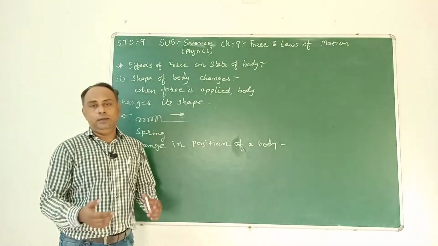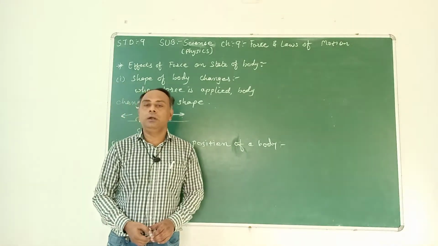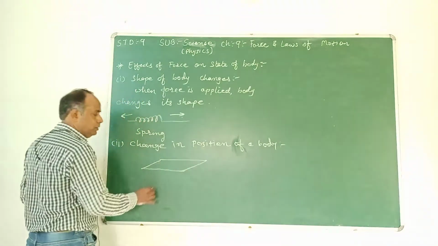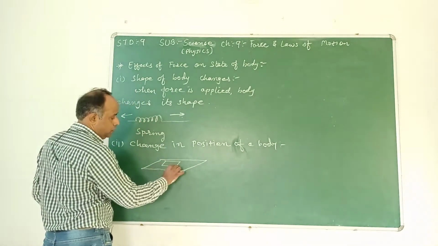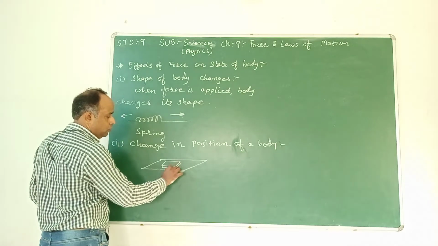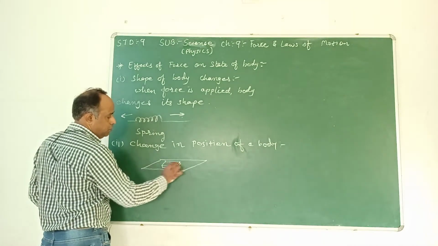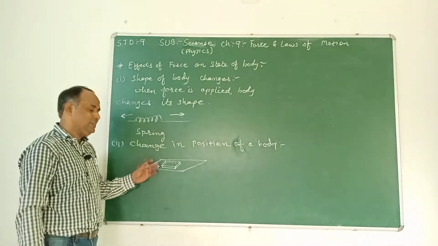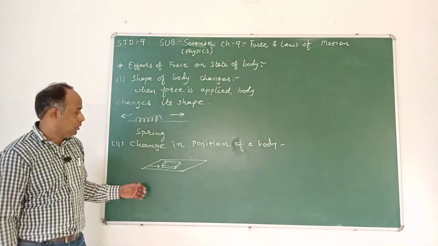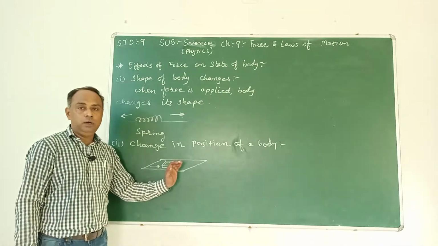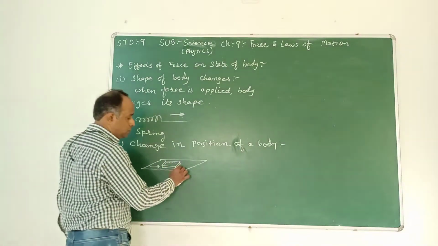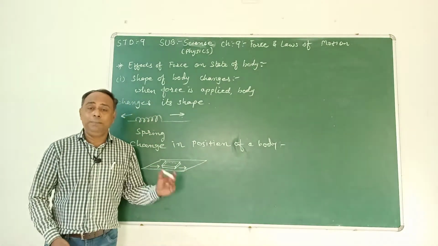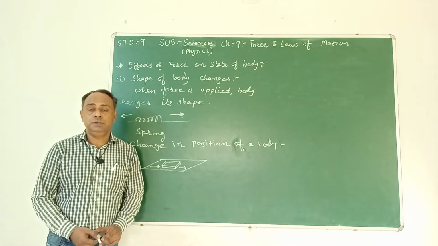So if an object is lying on a table, like here you take the example of this is a plane actually, and on which I am keeping a small book, and if this book is pushed, if I just apply a small amount of force on it and if I push it forward, so what is going to be? It is going to show you the displacement. The place of the object will be changed.